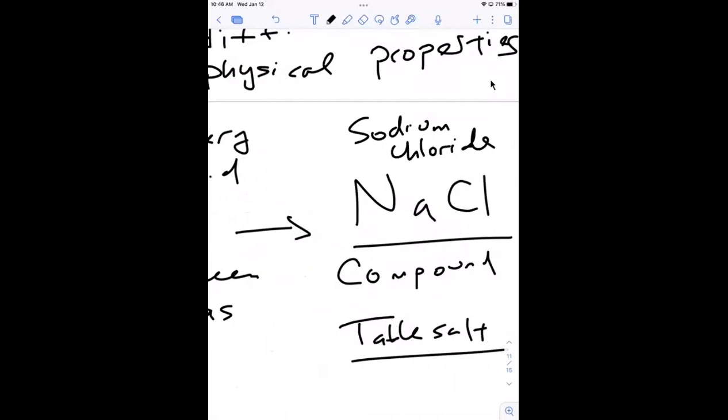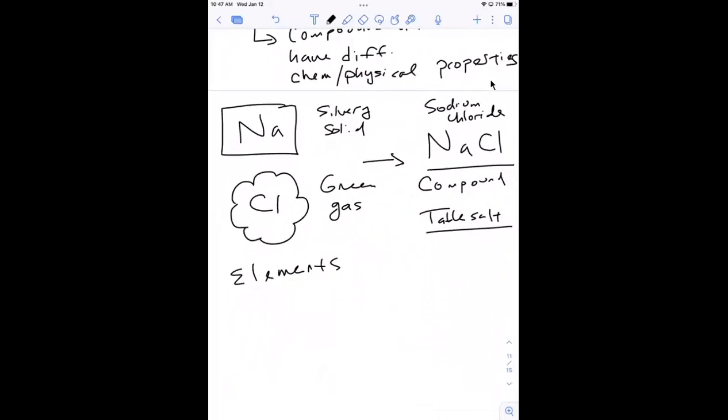Not if you eat too much of it, you're going to end up with hypertension and you still might die. But hopefully, you monitor your salt intake. But you can put those two things together and boom, you can eat that. But you can't consume either one of the elements separately because they're both poisonous. All right.